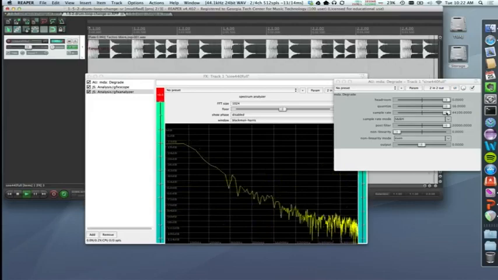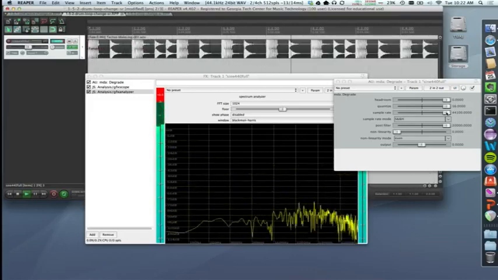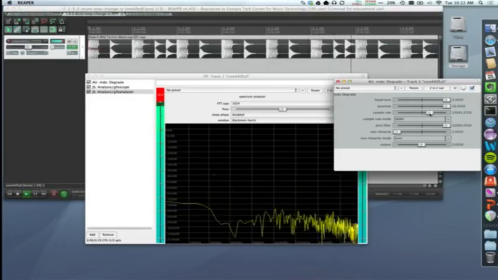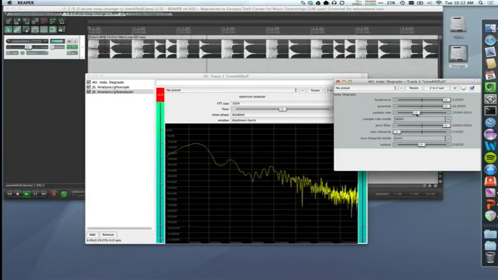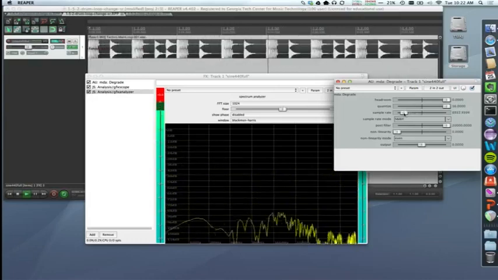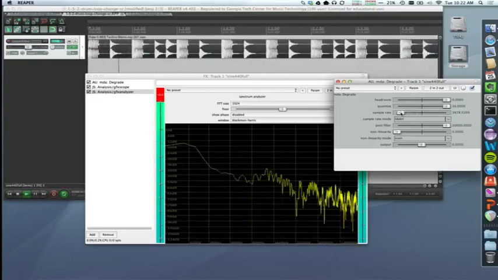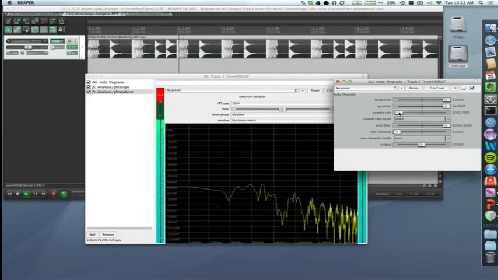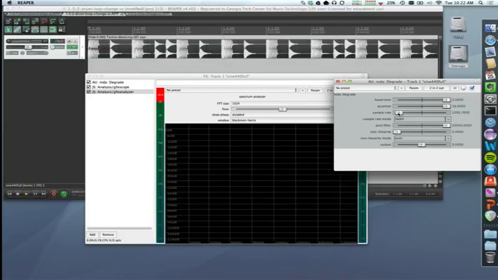And then as it gets lower and lower, we'll start hearing more of that fold over and actually hear other pitches start coming in. So you can get a sense both of the frequency content that's lost as I lower the sample rate, and also of the frequency content that's folding over as I lower that sample rate.